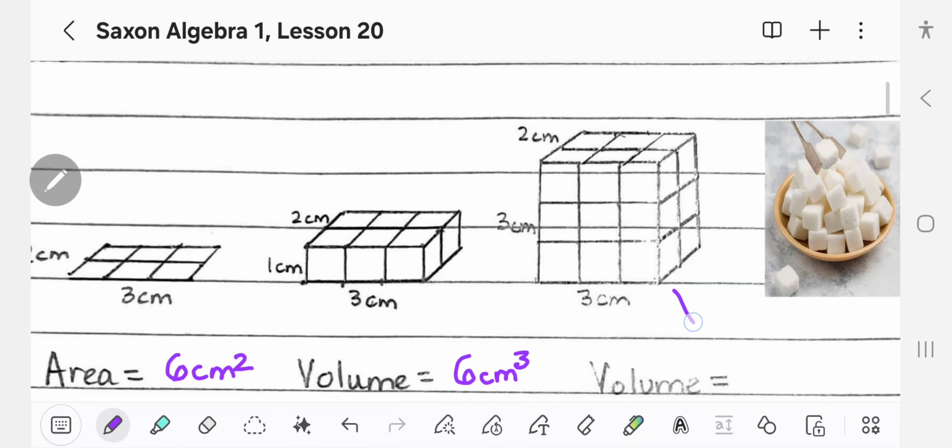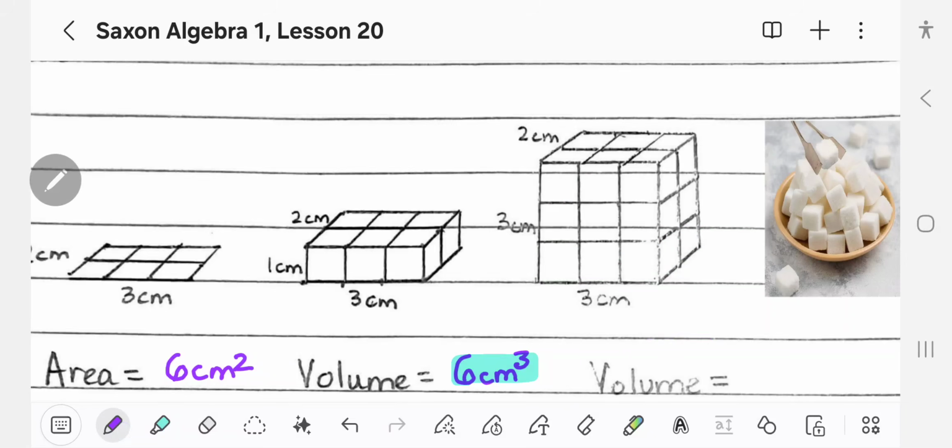Now, if we look at the volume of this figure here, we can see that it's built on this foundation of our graph paper, and there are 3 layers. Here's a layer of sugar cubes, which is going to have this volume, because it's the same as this. But then we've got another layer on top of it, and another layer on top of that. There's a total of 3 layers going up.